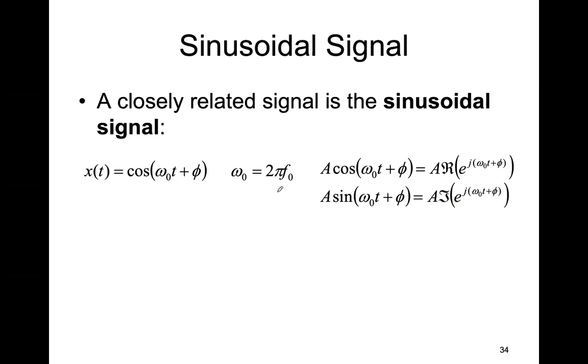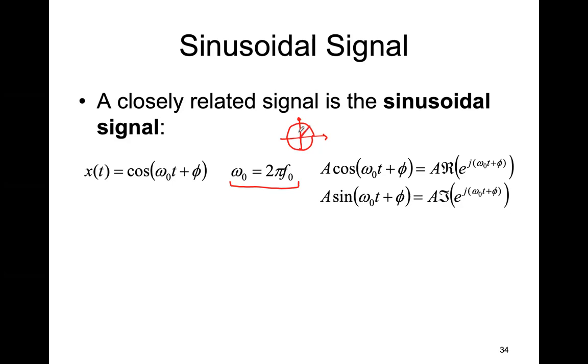Let me remind you again: omega 0 is equal to 2 pi f0. Angular frequency is something like this. It will go around a unit circle like this. This is my omega.